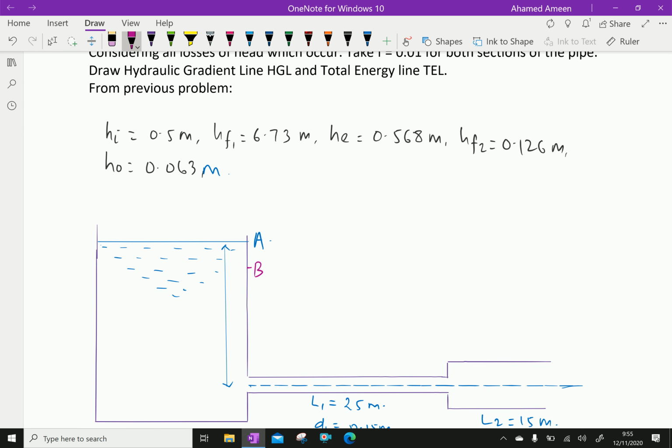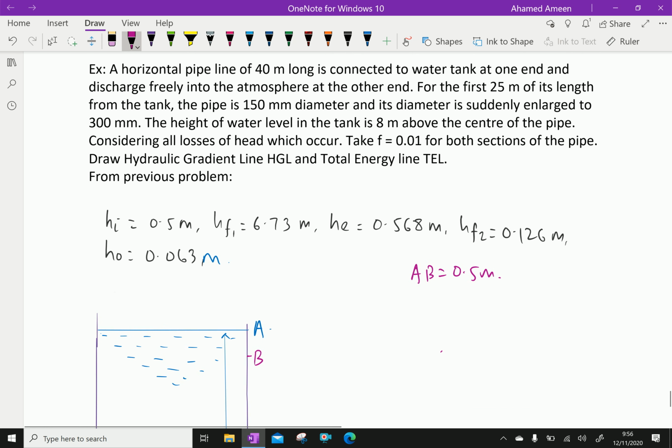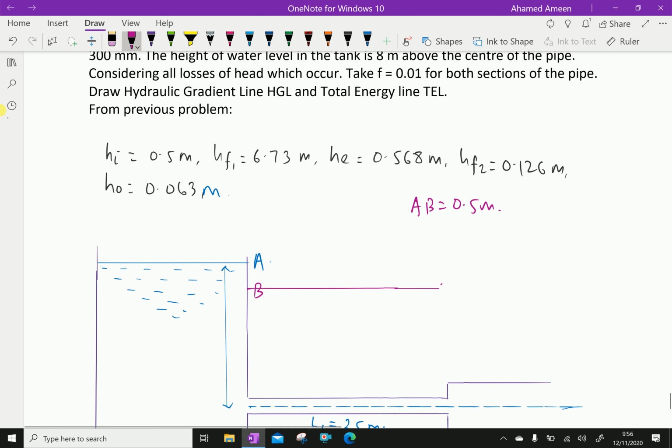From B, draw a horizontal line up to the pipe 1 length. Take the point L, so that BL indicates the length L1, that is 25 meters, to some scale.